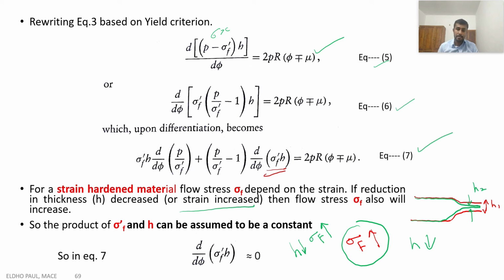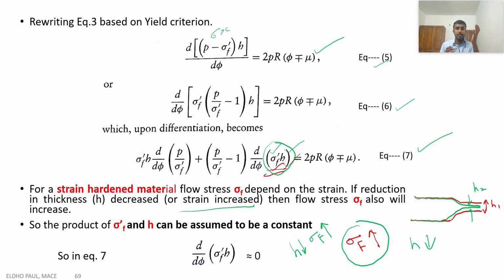That means in this equation, if this quantity increases, H will decrease. In another case, if sigma dash f decreases, H will increase. Both are in opposite directions.